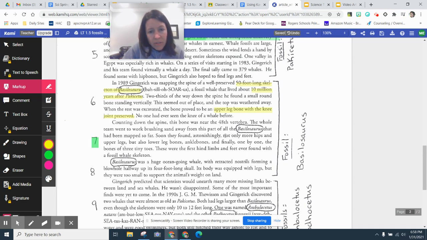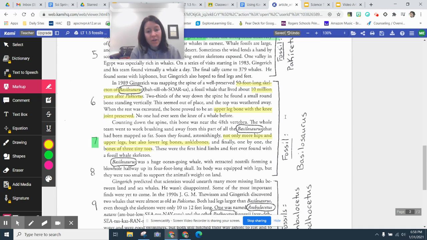Okay. Soon they found astonishingly not only more hips and upper legs, but also lower legs, ankle bones, and one by one, tiny toes. So in this fossil, they have an upper leg, lower leg, ankle, knee, and toes.